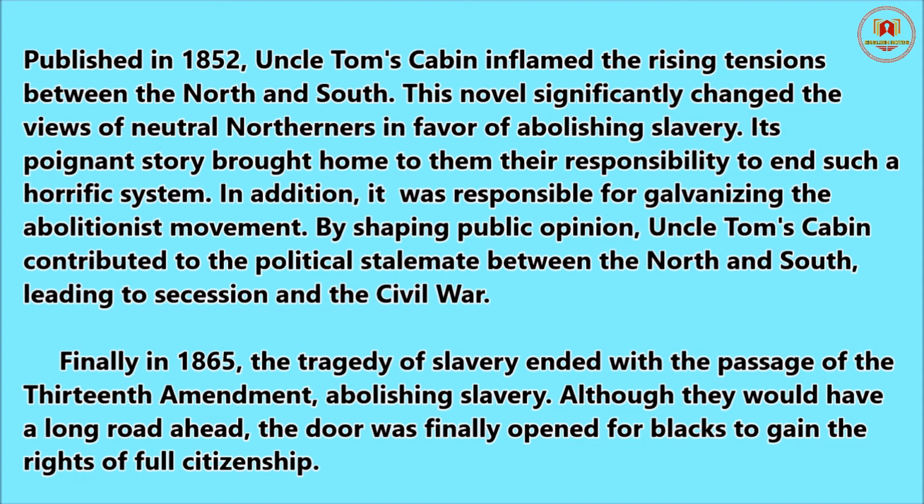By shaping public opinion, Uncle Tom's Cabin contributed to the political stalemate between the North and South, leading to secession and the Civil War. Finally, in 1865, the tragedy of slavery ended with the passage of the 13th Amendment, abolishing slavery. Although they would have a long road ahead, the door was finally opened for blacks to gain the rights of full citizenship.